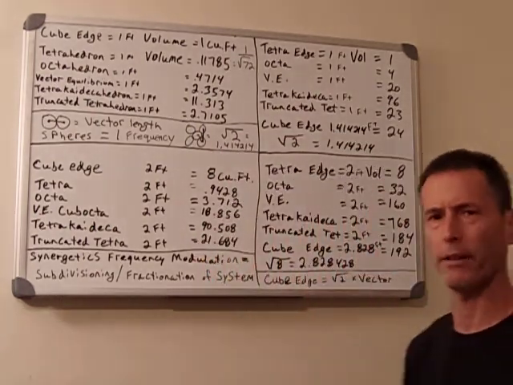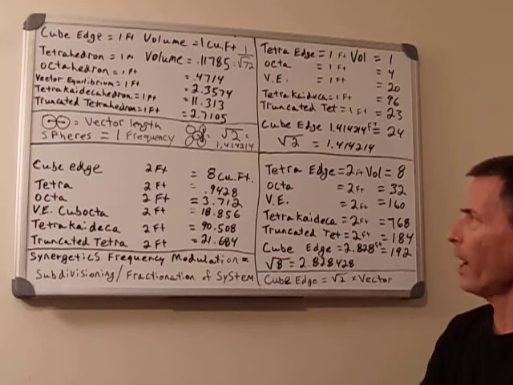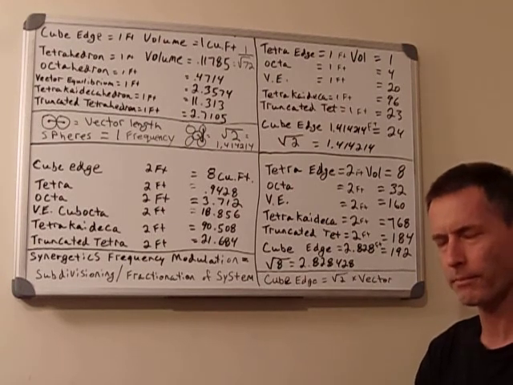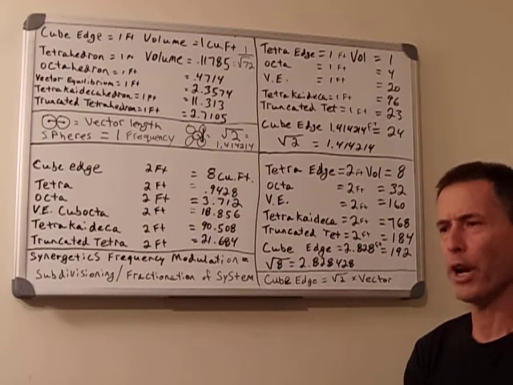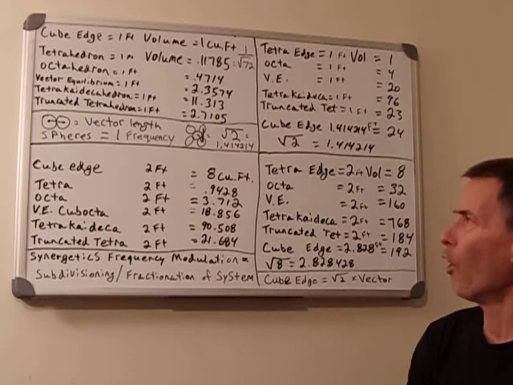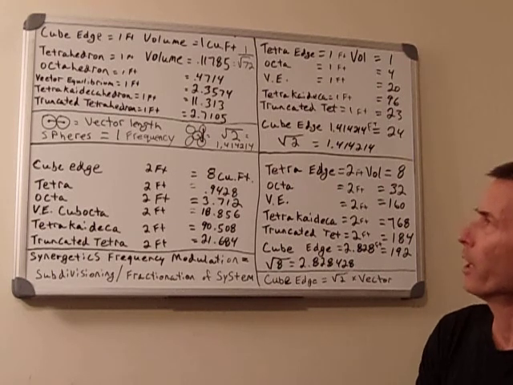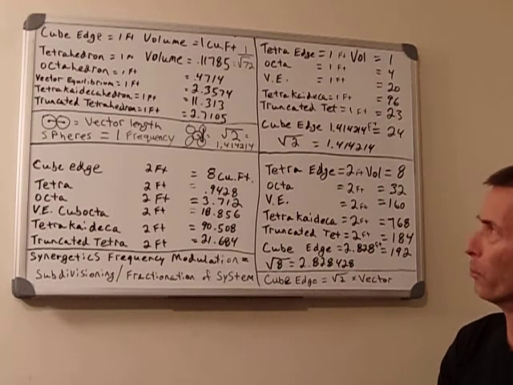What he's discovered is that right now what science uses is the edge length of the cube to measure and ratio the volumes of the various polyhedrons in relationship to the cube.